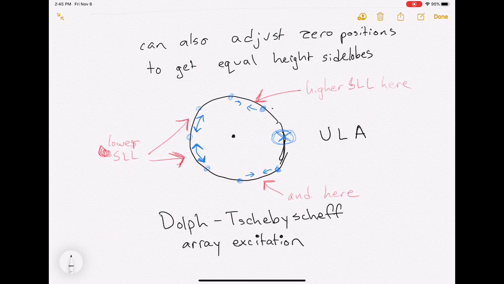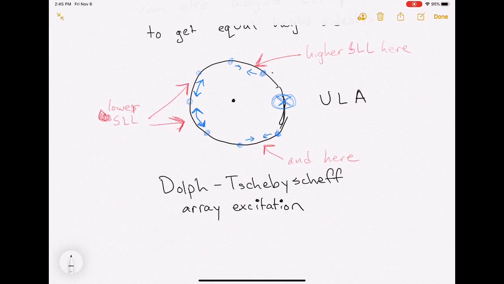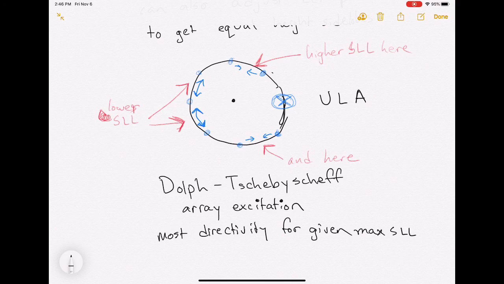And this one is actually pretty popular because it gets you the most directivity for a specified maximum side lobe level. So people like that one because it gets you good aperture efficiency.